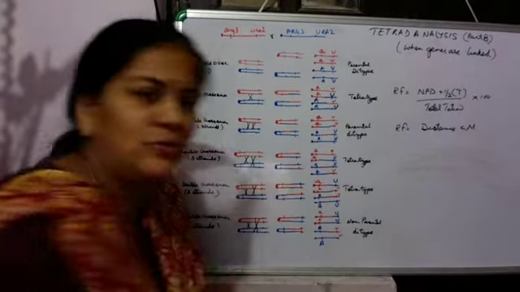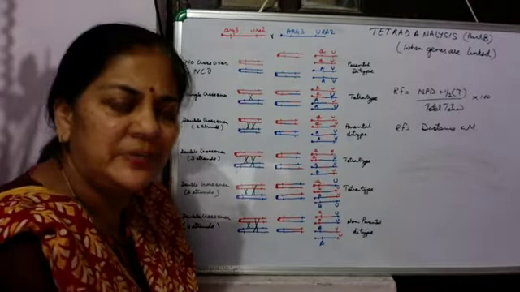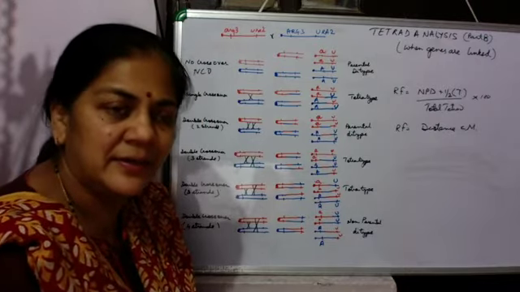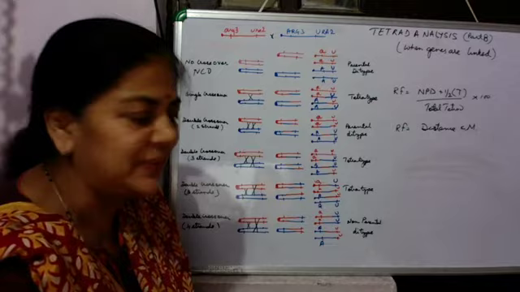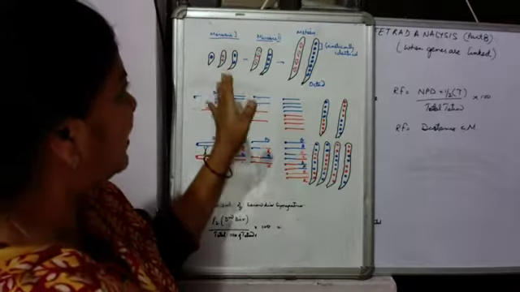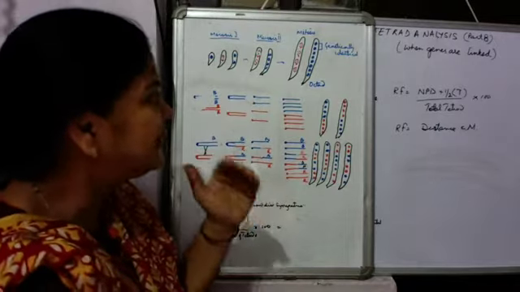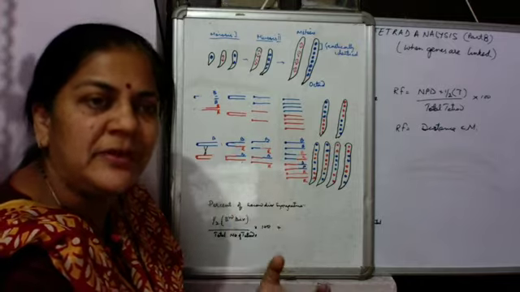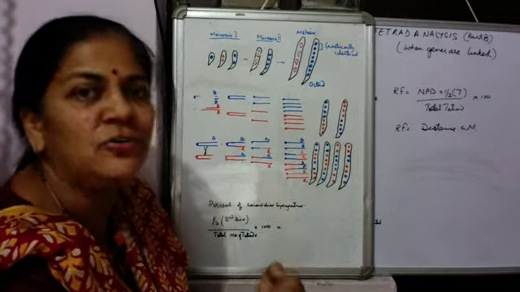Now, as I had told you, using Neurospora we can analyze more different types of phenomena. So this is the chart where I'll be showing you the additional information you can obtain by using Neurospora crassa.